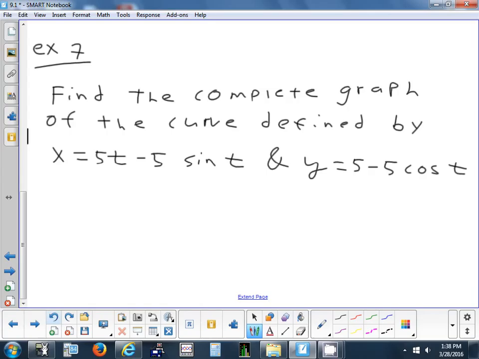How about y? Does that go as high as you want? No. This is always between what? -5 and 5. So you're always going to have 5 plus or minus 5. So 0 to 10. I think that's as high as you'd go for your y values. So let's try that.